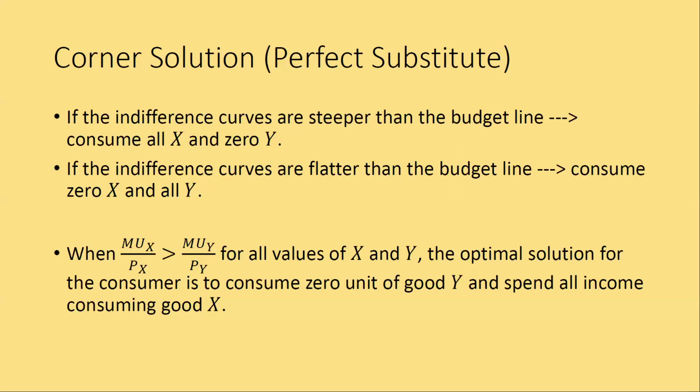Because every dollar spent on good X is going to make her better off as compared to if she spent that dollar on good Y. And if we change the direction of the inequality, the conclusion goes the opposite direction as well. So when we have perfect substitute preferences, our optimal solution is the corner solution, where the consumer consumes entirely one type of good and 0 units of the other type of good.